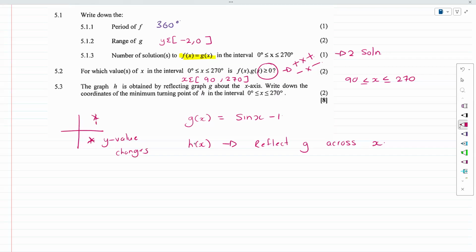So from here, going there, the y value changes to the opposite. What does that mean? That means, listen, guys, minus g of x is equal to minus sine x plus 1. All I have to do is divide by minus 1. G of x, which is the new h of x, is equal to minus sine x plus 1. And that should be fine.